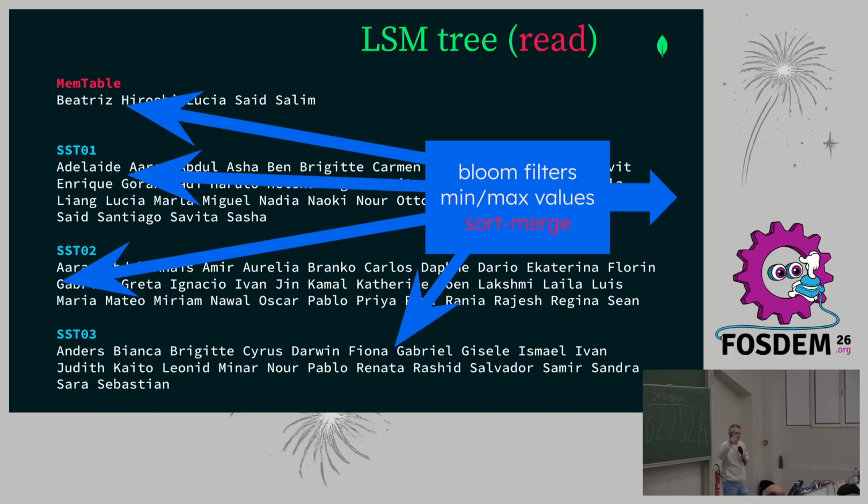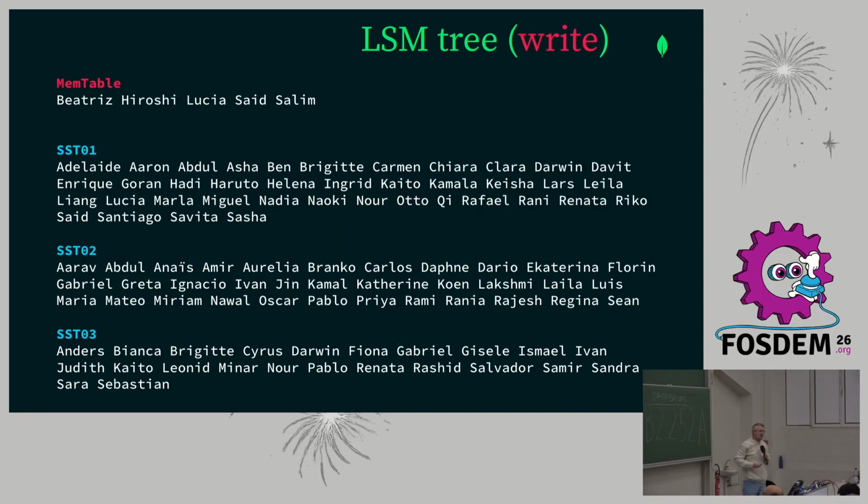But finally, it has to read from multiple places and do a merge of it and a sort merge to preserve the order there. But when you write, it's easier because there is no specific place. You can write where you want.